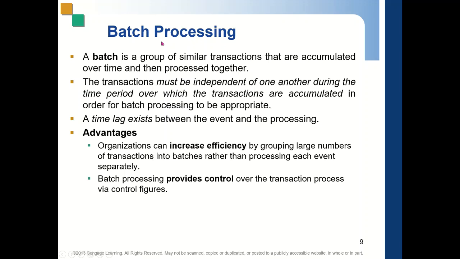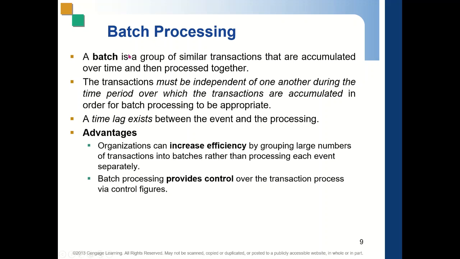In a batch processing system, you group similar transactions together. So as the transactions occur, you accumulate them. You are not processing them. You are just accumulating them, and then later on you process them as a batch.